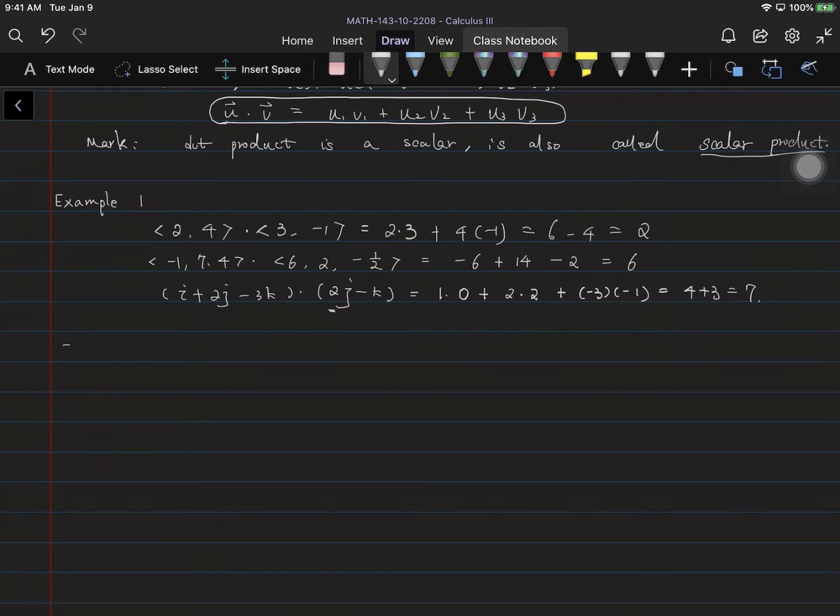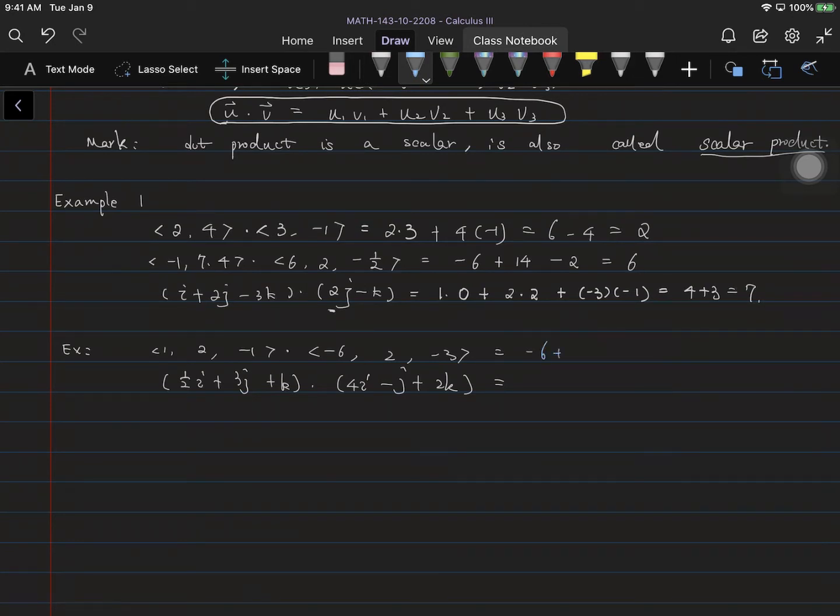Okay, so here you can try the exercise problem: 1, 2, negative 1, dot 2, negative 3, and I minus j plus 2k. Let's take a look at those two dot products. The solutions are like this.